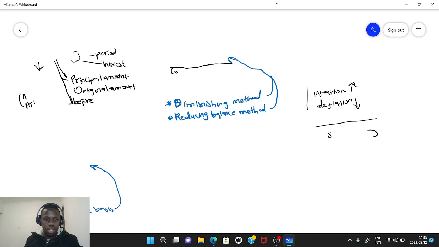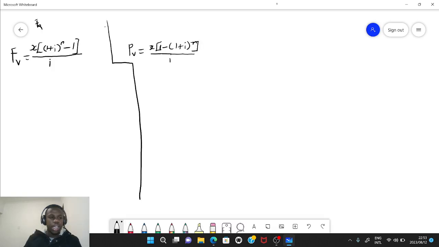Here I wrote these equations, right? So on my left hand side we have future value, and then here we have the present value.